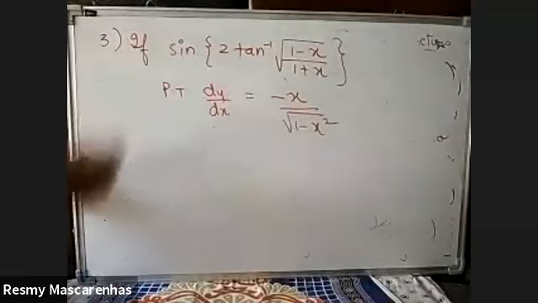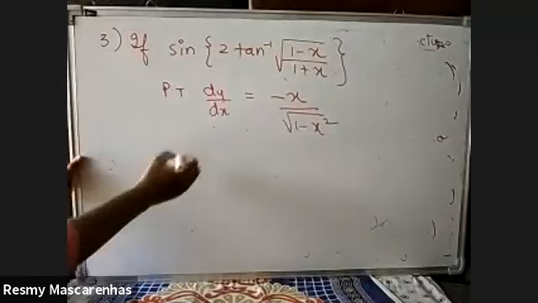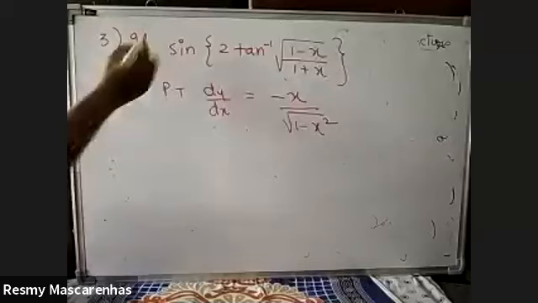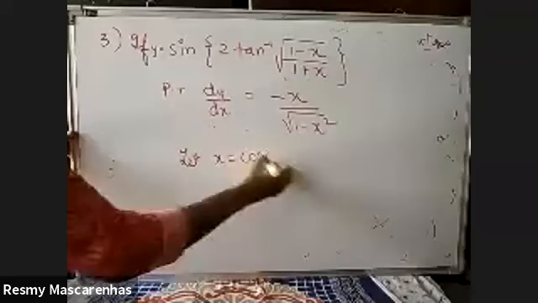Okay, so you can consider this to be y later on when you are finding. You can consider y is equal to this, find the answer. Now your substitution is let x be equal to cos theta.